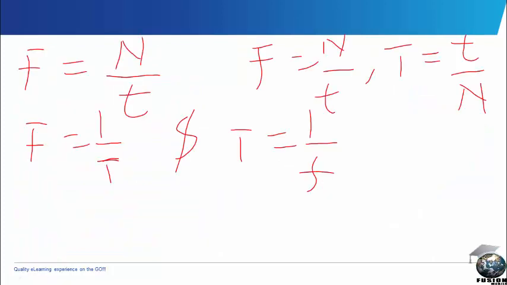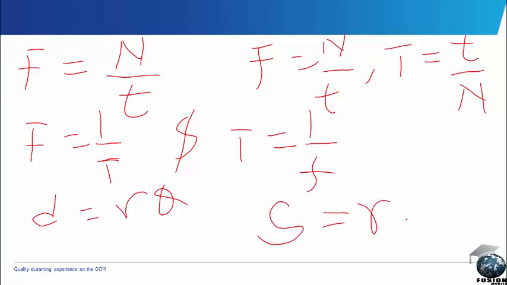We can say that linear distance d is equal to r theta, while some people conventionally represent it with s. So s is equal to r theta, where s is the linear distance, theta is the angular distance, and r is the amplitude of the particular body we are discussing.